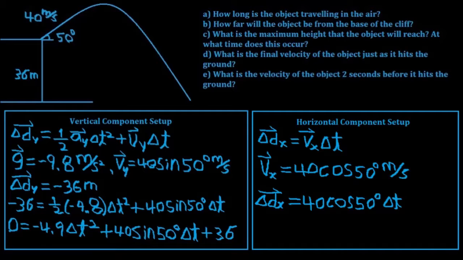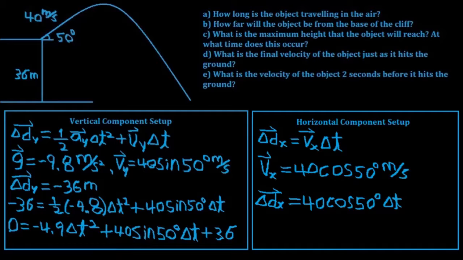That's the vertical velocity as it's being launched upwards, and then we're given a vertical displacement of negative 36. Negative 36 indicates that the object will ultimately reach the base of the cliff, which is about 36 meters downwards.